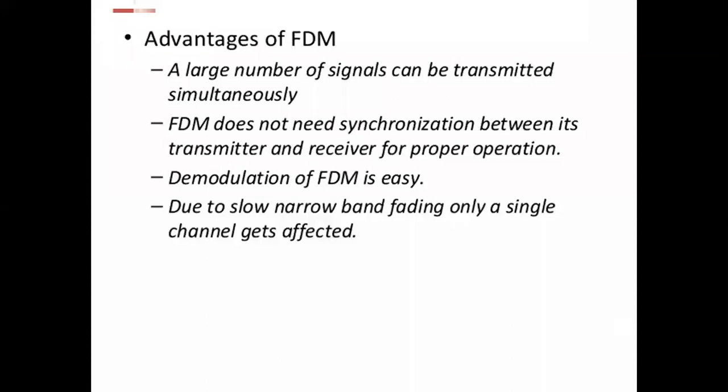In narrowband fading, only a single channel gets affected. So fading is very low in an FDM system compared to a TDM system. So a large number of signals can be transmitted simultaneously, FDM does not need any synchronization, demodulation of FDM is easy, and fading is very low.